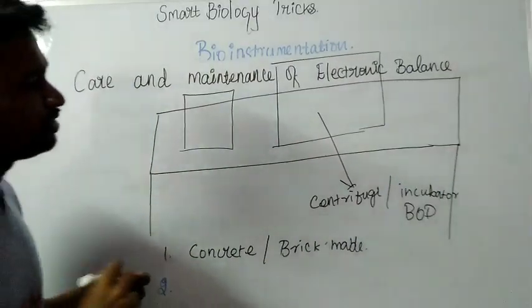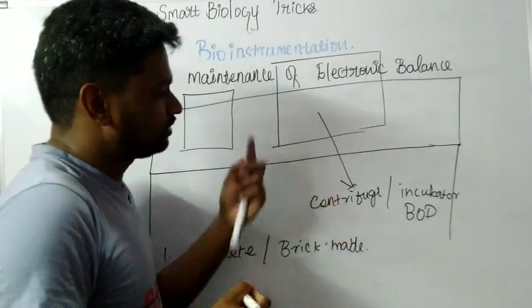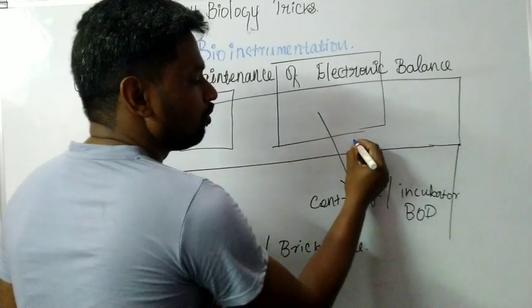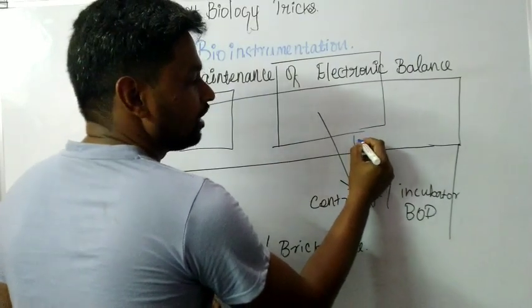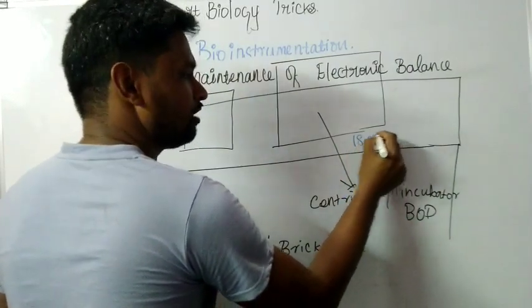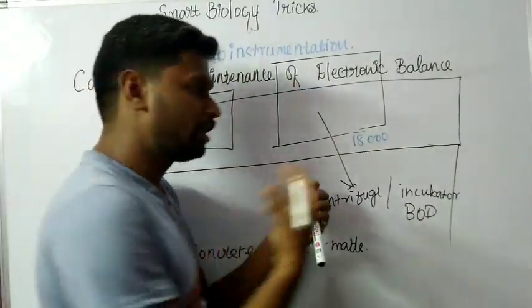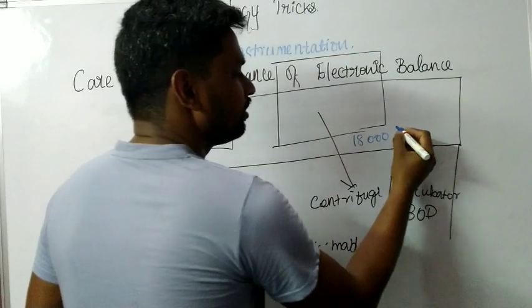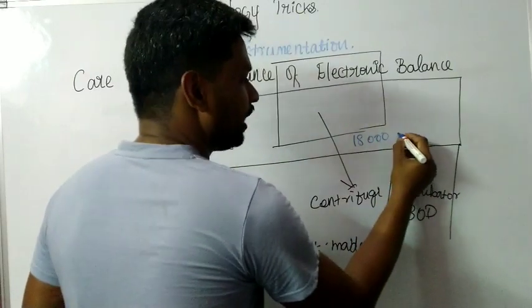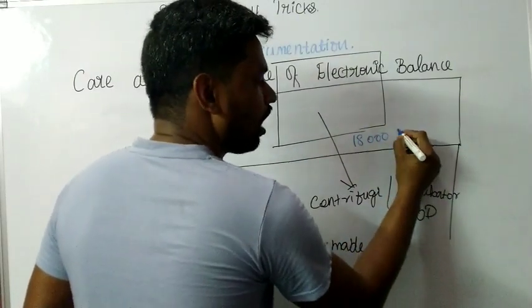If you look at a centrifuge, it can run at more than 80,000 RPM. Different types of centrifuge machines are available which can spin the rotor at high speed, for example 80,000 RPM.